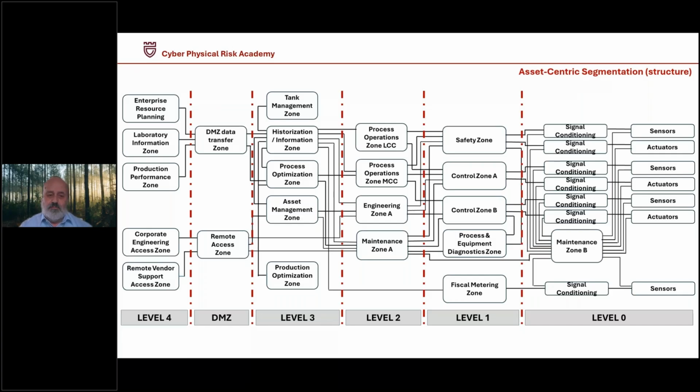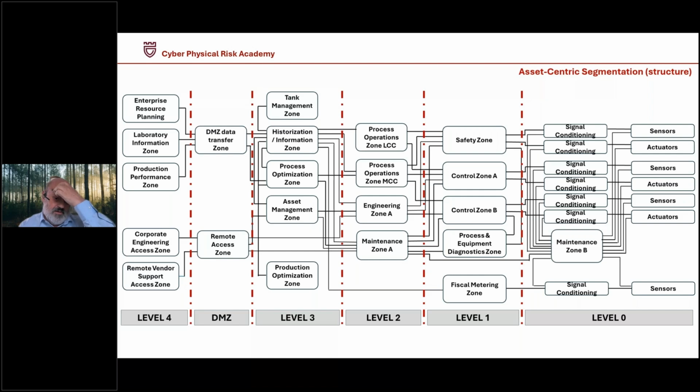Also some engineering access, because some of the engineers might not want to walk all the way to the plant and would rather do it from the corporate building. I'd rather have them walk to the plant, but okay, it happens a lot that they don't. And you might want remote vendor support. You might want remote vendor monitoring of particular equipment, or just for support reasons, availability.